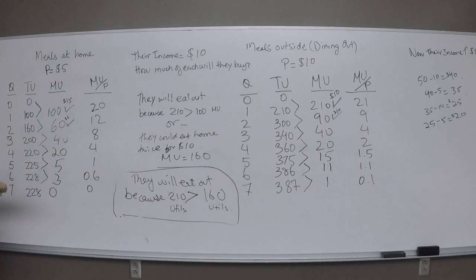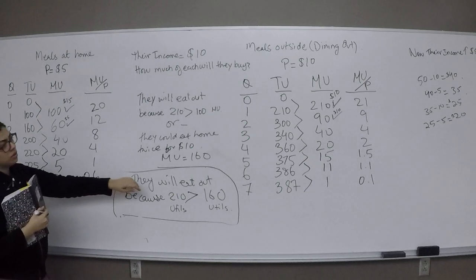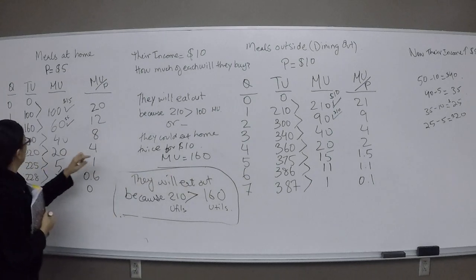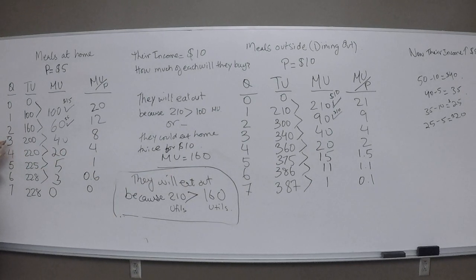What are you going to consume next? Are you going to eat out, which gives you 40, or consume the third meal at home that gives you 40? It's a tie, so you could do either one.